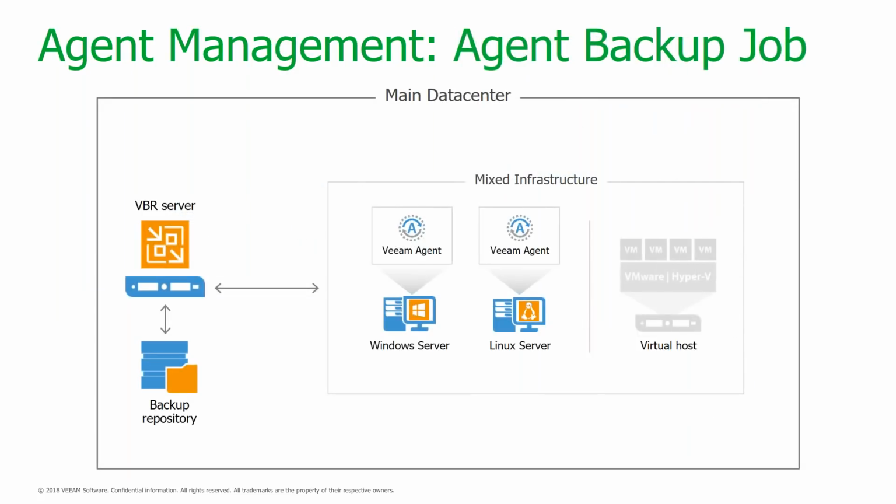And then from there, the Veeam Backup and Replication server, once we've identified those Veeam agents for Windows and Linux, we can then identify that those Veeam agents are going to send their backups to a Veeam Backup and Replication repository.